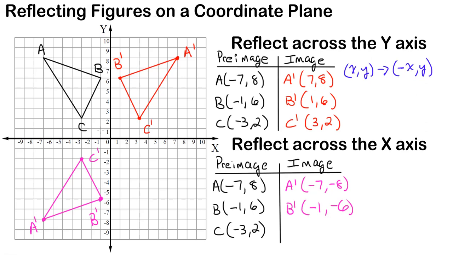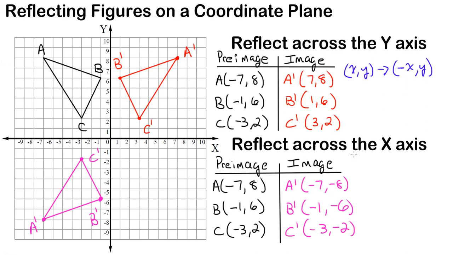And C was at (-3, 2), and C prime ends up at (-3, -2). So we can see that this time, when we reflect across the x-axis, the x values stayed the same, and the y values were opposite. We went from +8 to -8, from +6 to -6, and from +2 to -2.